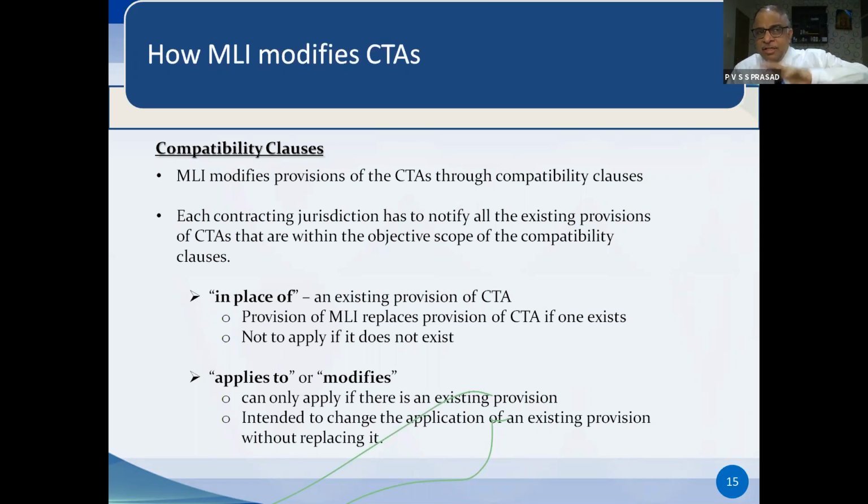If the targeted existing provision is not there in a particular treaty, this has no relevance. The same way applies to "applies to or modifies". What does that mean? There is one provision which need not be replaced, but has to be modified to some extent. That also applies only if such a provision already exists in the treaty. If it does not exist, it is not going to be applied.